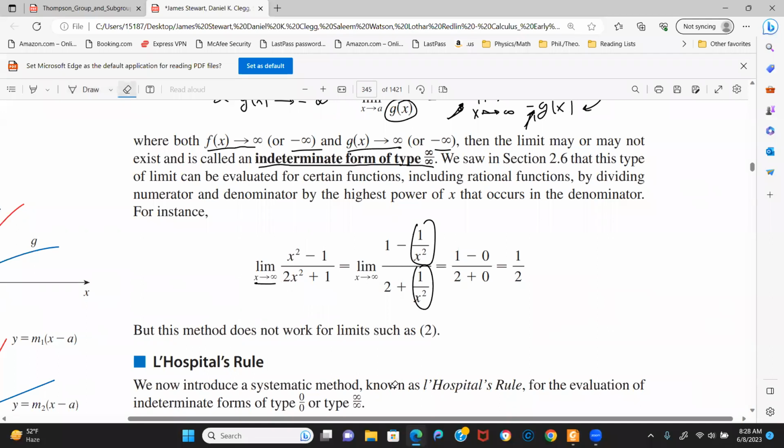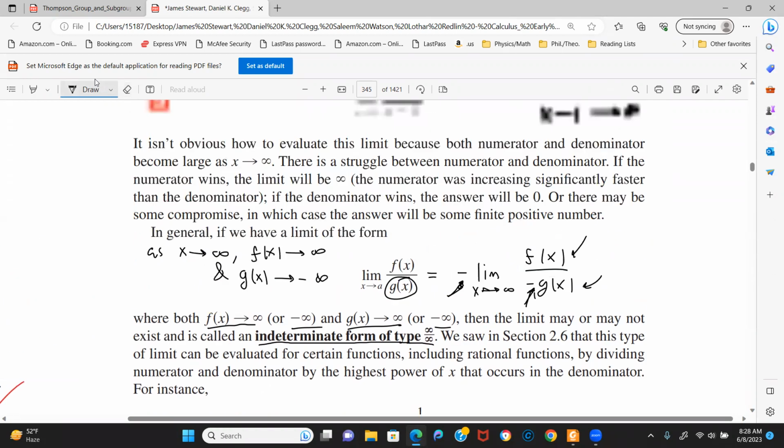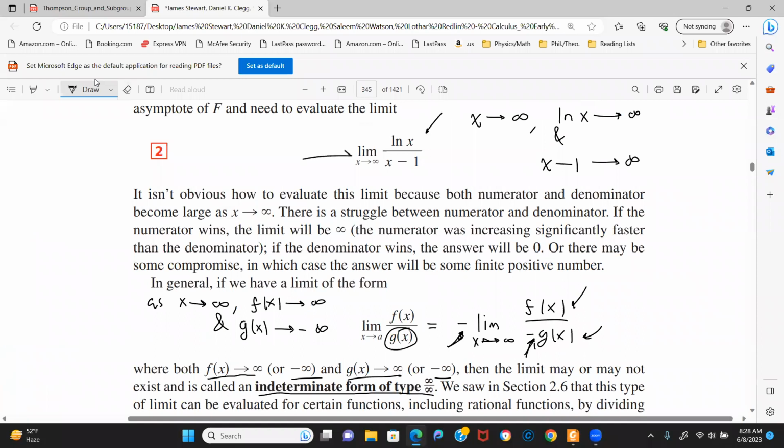This is one technique for computing limits as x goes to infinity, but it is not going to work for this one. This is a nice function to think about because it's relatively simple, but it's not amenable to computing the limit as x goes to infinity, or as x goes to 1, with any of the techniques we've developed so far.